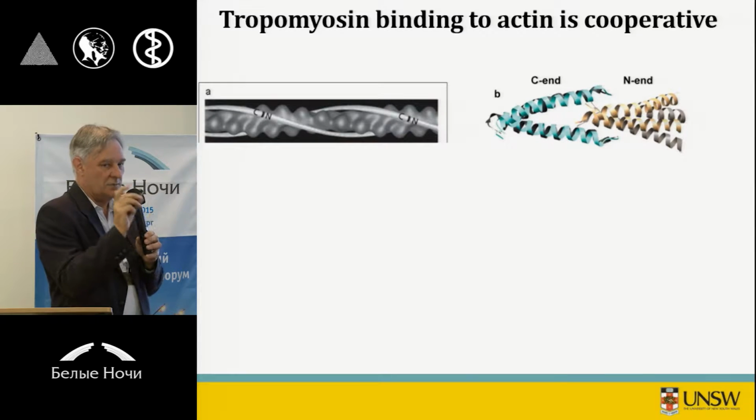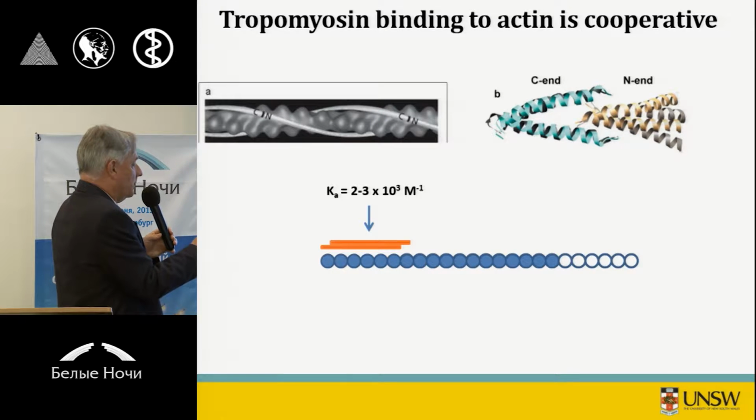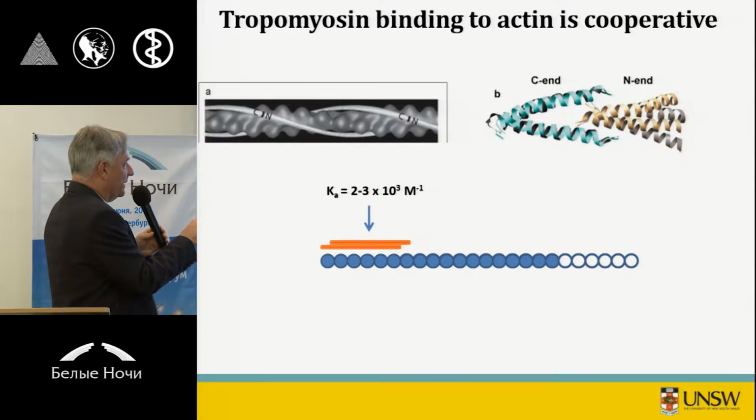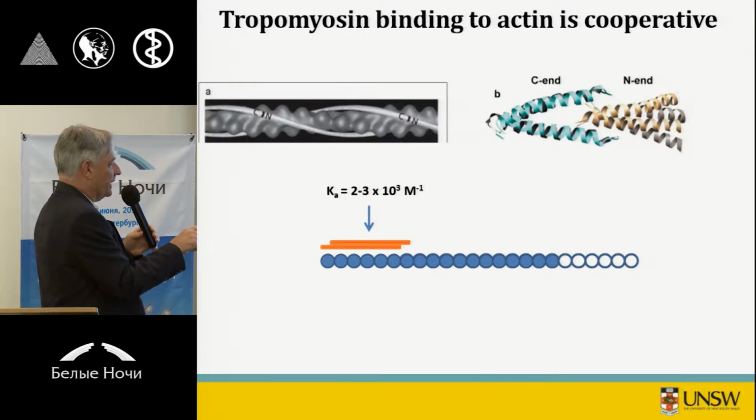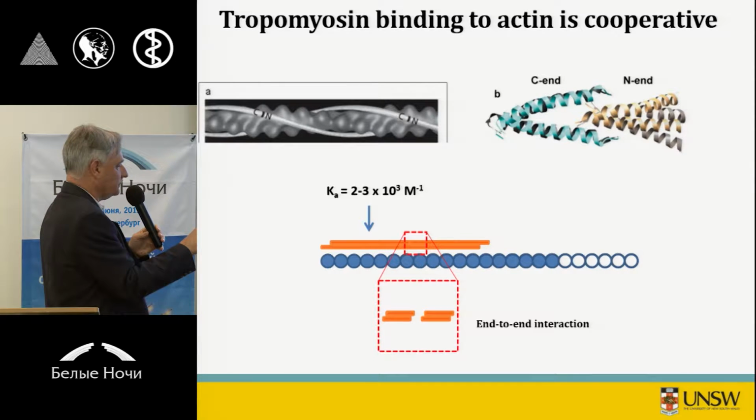And that's exactly what we have tried to do. Tropomyosin has very weak affinity for an actin polymer. The key is this overlap that allows a tropomyosin to form a continuous polymer. And that leads to a much more stable structure.